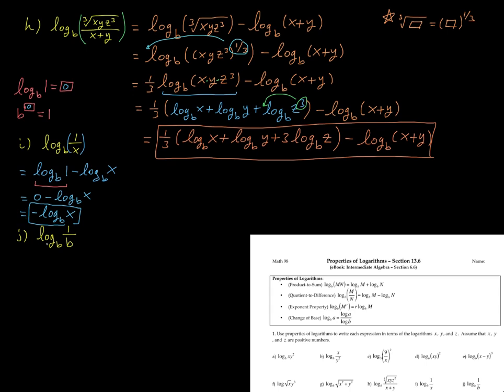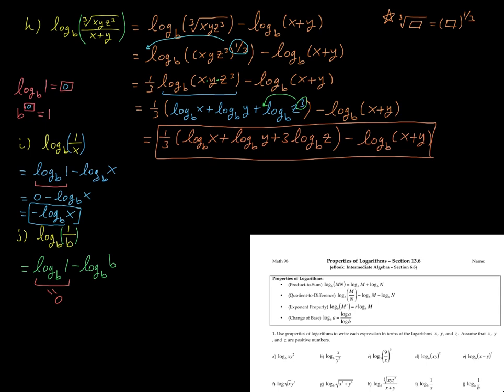All right, so that does that. And then lastly, J, log base b of 1/b. Again, we have this quotient. So I can break this up and say this is log base b of 1 minus log base b of b. Now, as we've already noted, log base b of 1 is equal to 0, because b to the 0 is 1.